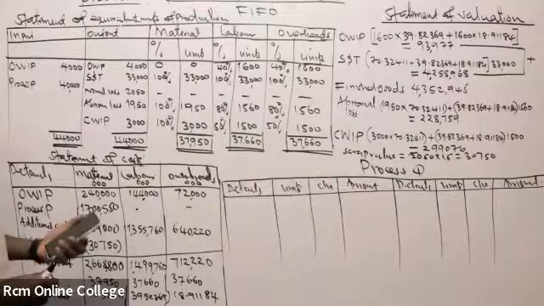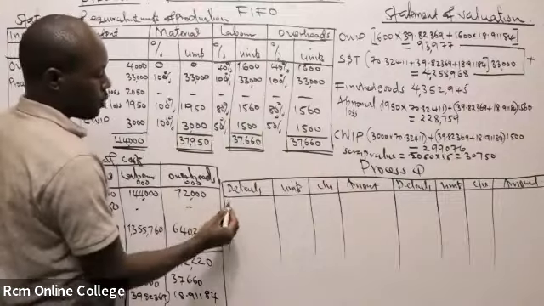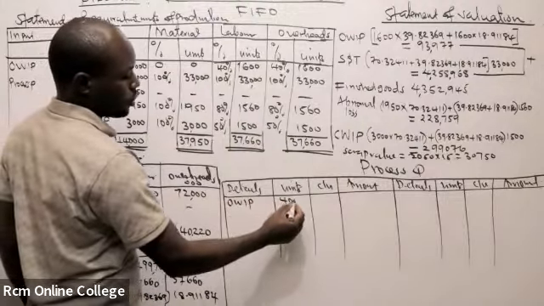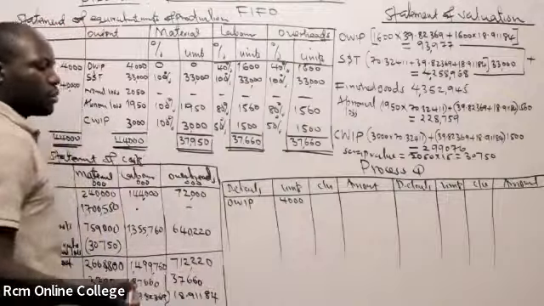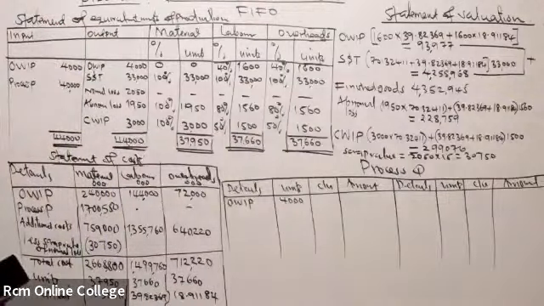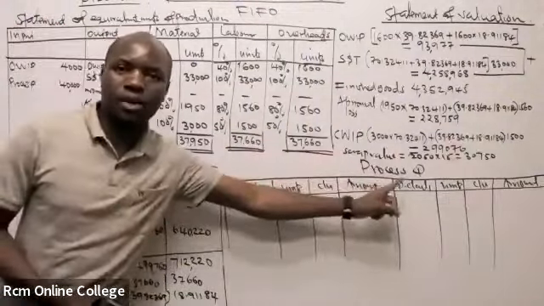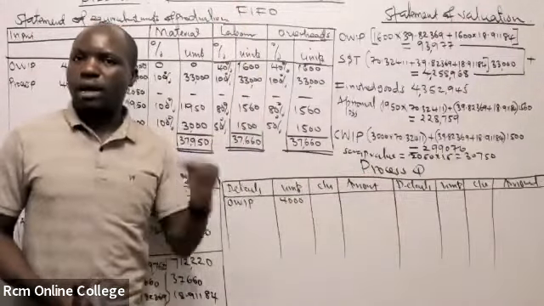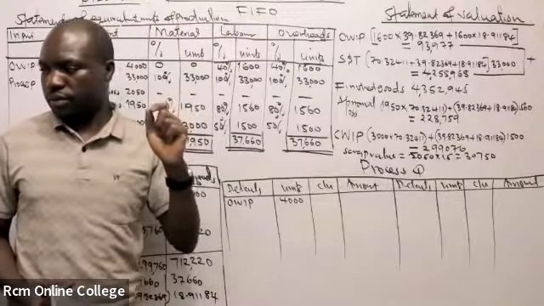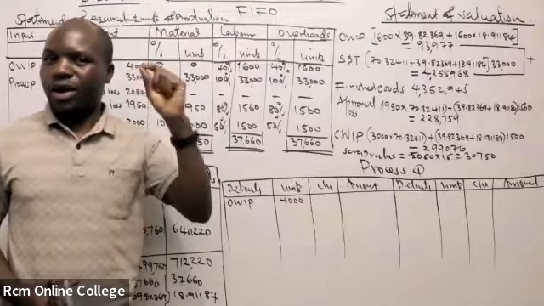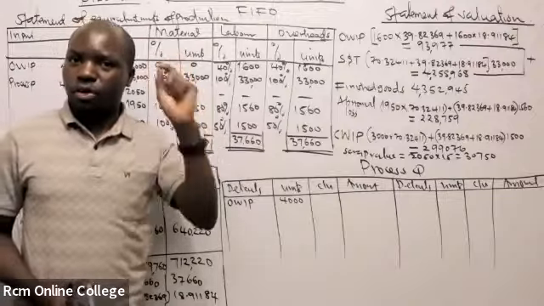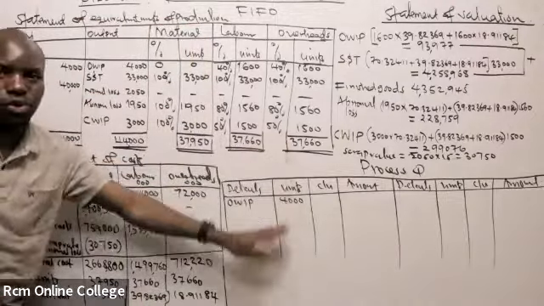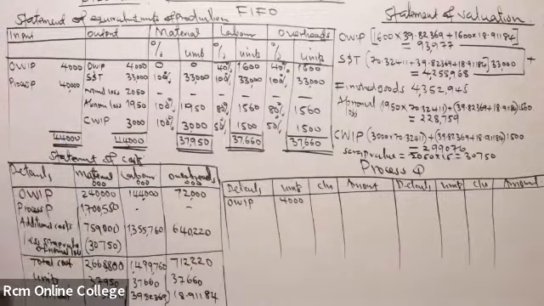Good. Let's look at the first thing. We're talking about opening work in progress. We add 4,000 units. And what was the value of the opening work in progress? We are now preparing what we call process account. Under process account, we consolidate everything. So our opening work in progress, the original cost, the input cost, ilikuwa ngapi?